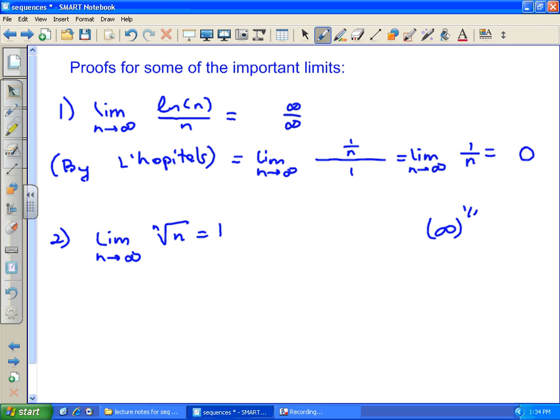Now 1 over infinity goes to 0. So what we have here is something of the form infinity to the power of 0. Now this was one of the indeterminate forms we had seen before when we covered L'Hopital's rule. Infinity to the 0 is indeterminate. You cannot always assume that it's going to be 1. You cannot always assume that it's going to be infinity. It could be something in between.